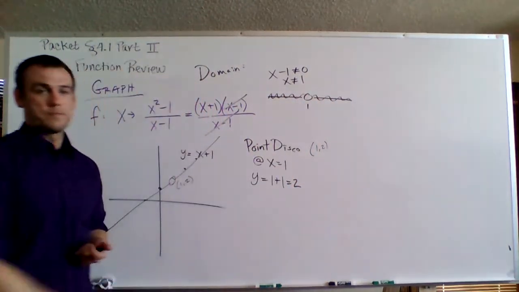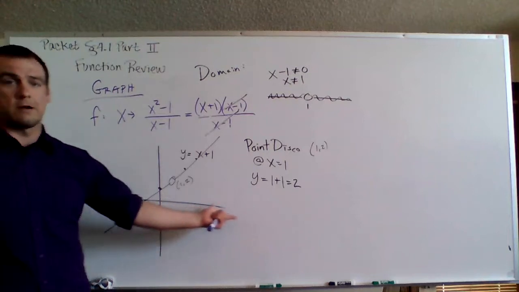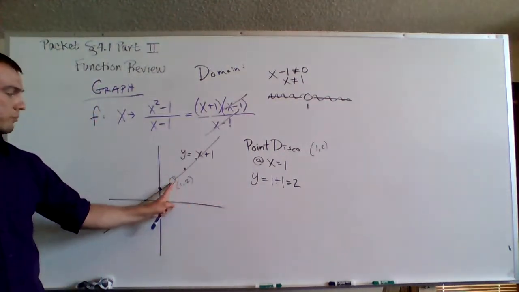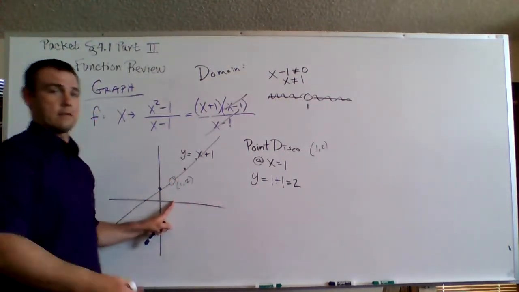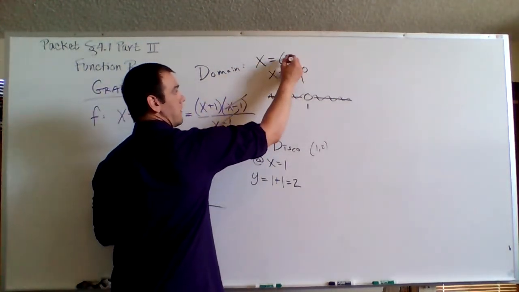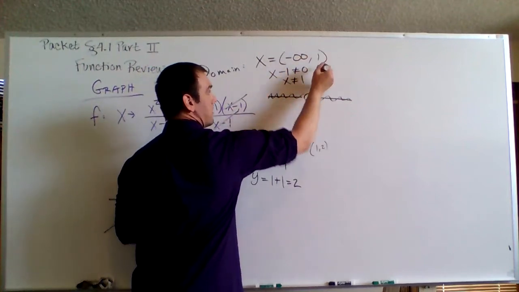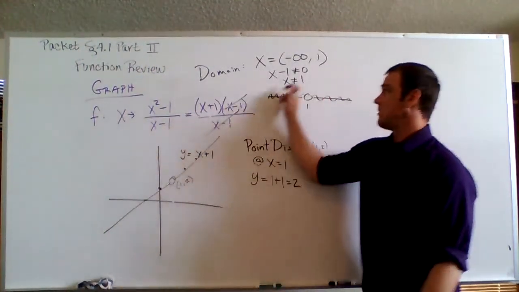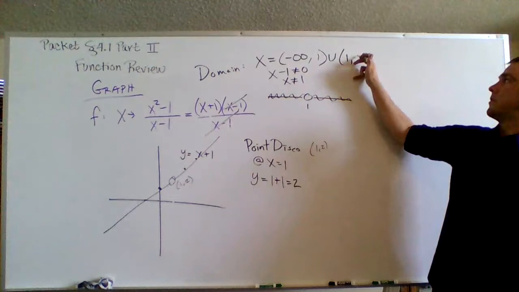All right, which makes a lot of sense when you actually go ahead and graph this, because here is our only point that we don't have for an x value, at x equals 1. So my domain is going to be x equals negative infinity to 1, union 1 to infinity.